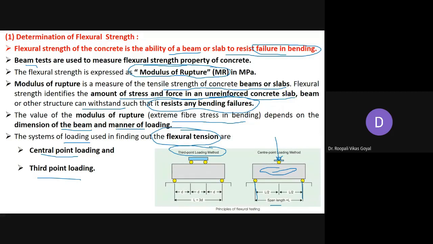So basically, if suppose this is your span length L, it is 3 times of D. अगर L आपका 60 centimeter है, so exactly at 20 centimeter, so means it is uniform loading that you are applying at exactly 1/3 part. Okay, and that is called as the third point loading method. So these are the two loading methods that are generally used to apply this flexural tension.